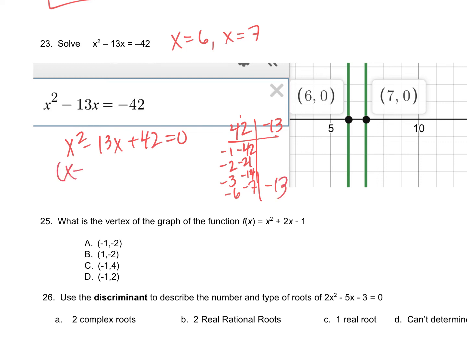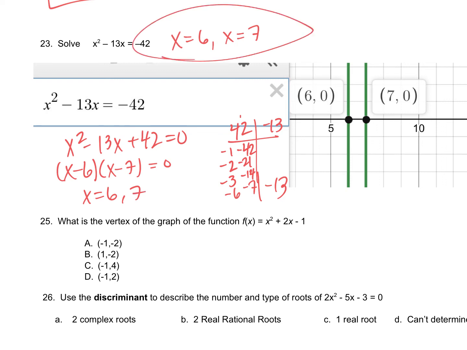So that gives me x minus 6 and x minus 7 equals 0, so x is equal to 6 or 7, which, hey, we got the same answer that way as well.